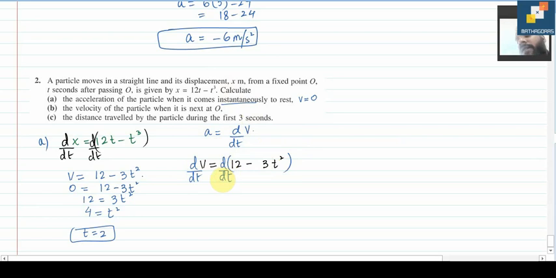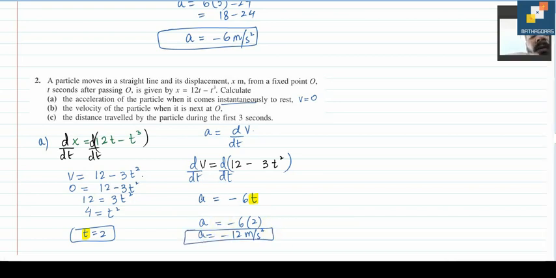So the derivative of velocity, its acceleration, the derivative of 12 is 0, minus the derivative of 3t square, it's 6t. Alright, so you need to find out the numeric value of acceleration, and for time, we found the value of time previously, that is 2. So acceleration equals to minus 6 times 2 is equal to minus 12 meter per second square. That is your acceleration. No need to write down. I will give you time for that.